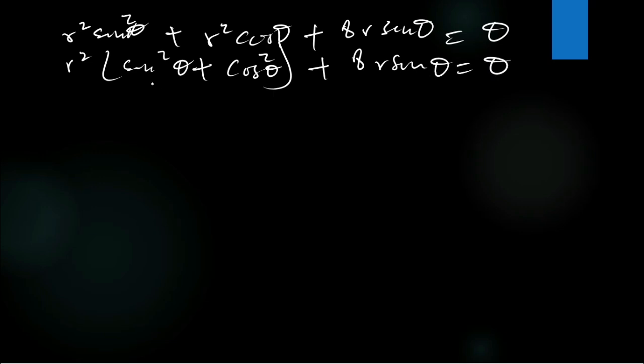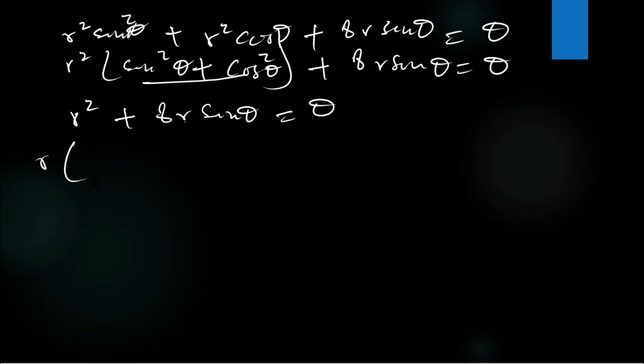Since sine squared theta plus cos squared theta is 1, this is r squared plus 8r sine theta is equal to 0. Now I have r squared and 8r, so I can factorize to have r into r plus 8 sine theta is equal to 0.